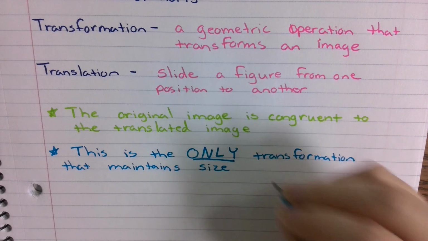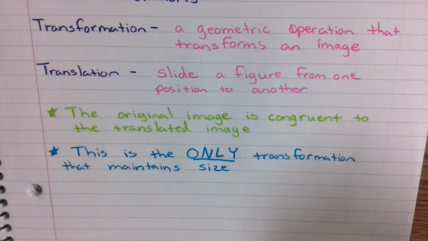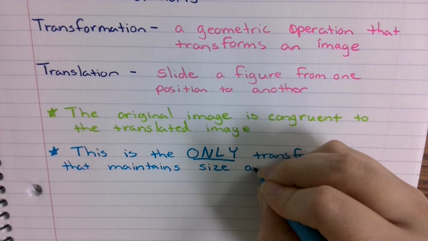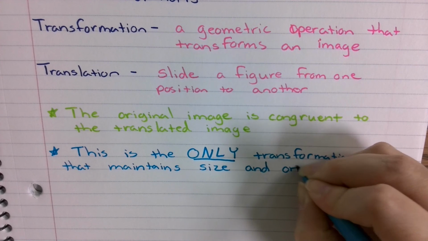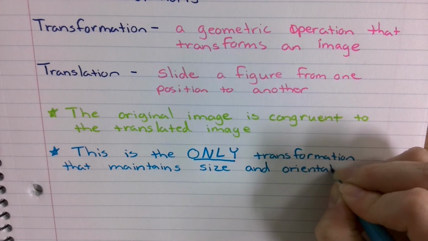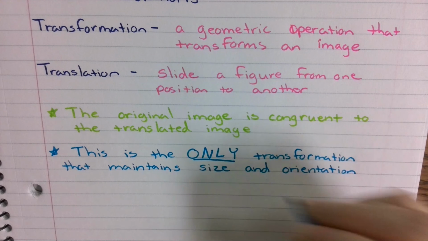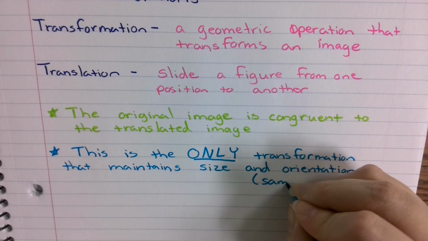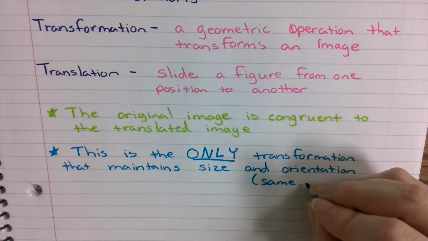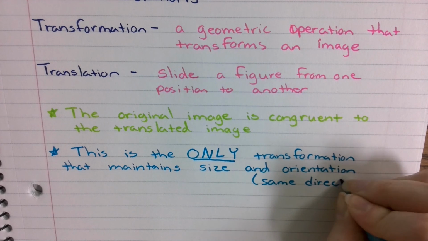Okay? A reflection will maintain size. A rotation will maintain size. But none of those will actually maintain their orientation. The direction that they're facing would change. With a translation, size and direction are going to be the same.